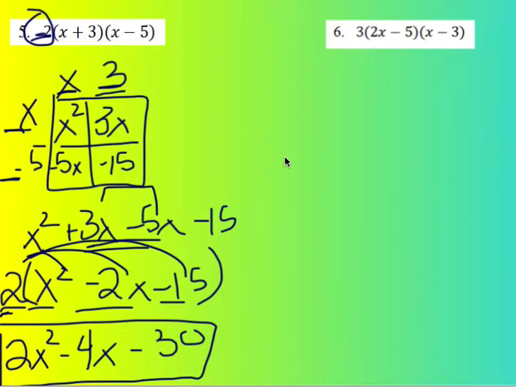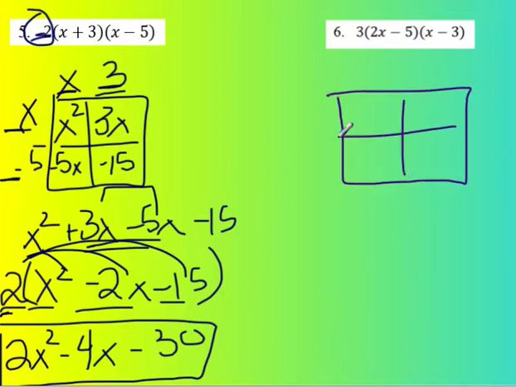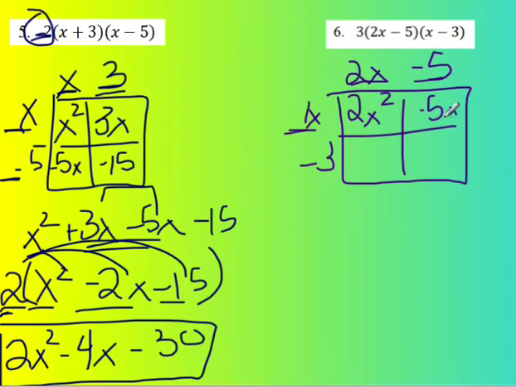Next, let's take a look at this one. We're going to start by multiplying those two binomials. So I'm going to take 2x minus 5 times x minus 3. I have 2x times x, that's going to give me 2x squared, because 2 times 1 is 2, and x times x is x squared. 1x times negative 5 is negative 5x.